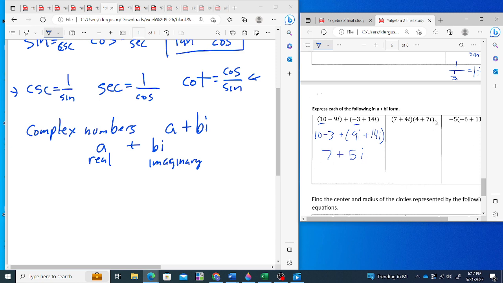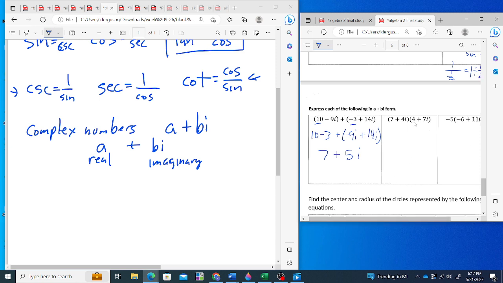Now, in this case, when I'm multiplying, you don't worry about like terms until the end, until after you're done with your multiplication. So I'm going to use FOIL for this. So that's 7 times 4, my first terms. First is 7, first is 4. So that's 28.